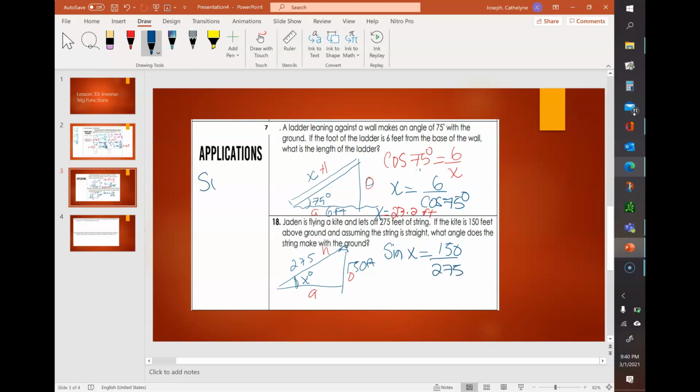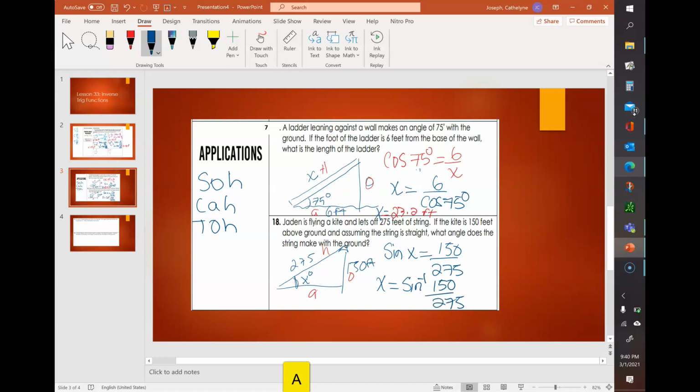Again, always write your SOHCAHTOA so we don't get confused. And then this time we need to do the inverse because we're finding the degree. So x equals the inverse of 150 over 275.